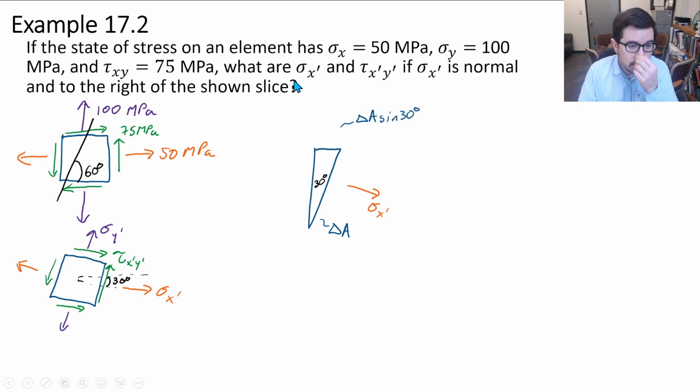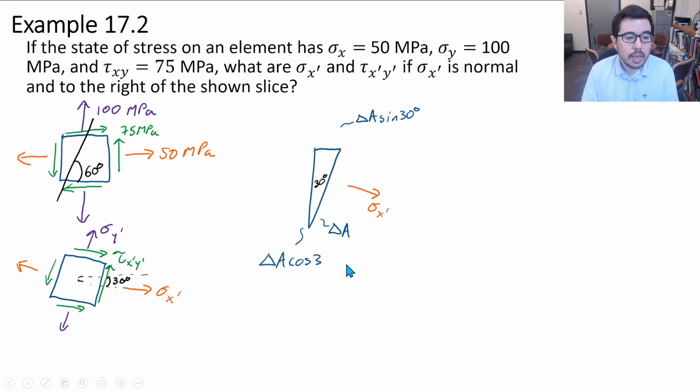What's also nice, and I should have mentioned this previously, is that they're not asking us for sigma y prime, just for sigma x prime and tau x prime y prime. Or I could have put down sigma y prime and tau x prime y prime. This means we only had to make one triangle, because we can figure out just one of the normal components and the shear stress, and the shear stress can come from either of the triangles.